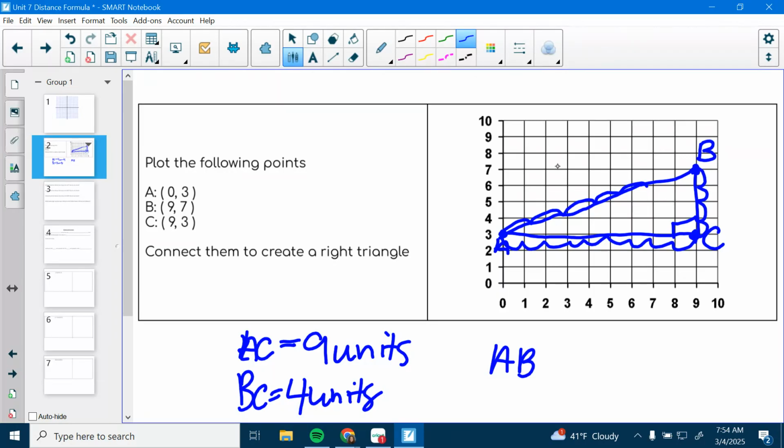Now, because I know this is a right triangle, I know that this is called my hypotenuse. And so if I'm missing a side of a triangle, and I have 2 sides, side 9 and 4, I can find the last side using our Pythagorean theorem.